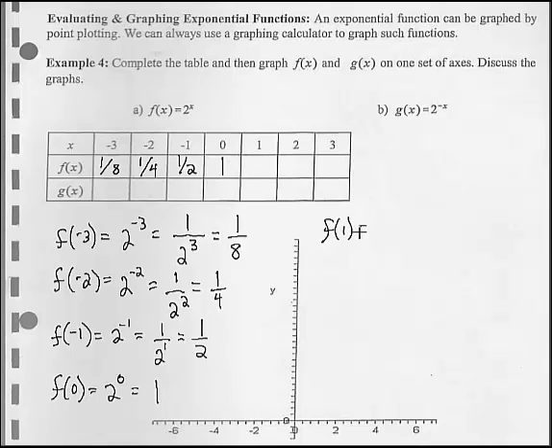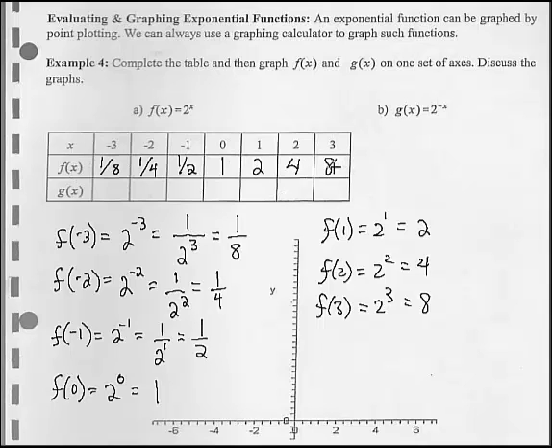F of 1 equals 2 to the first power. Anything raised to the first power is just itself. F of 2 equals 2 squared. 2 squared is 4. F of 3 equals 2 to the third power, which equals 8. So our last entries in the f of x row are 4 and 8.